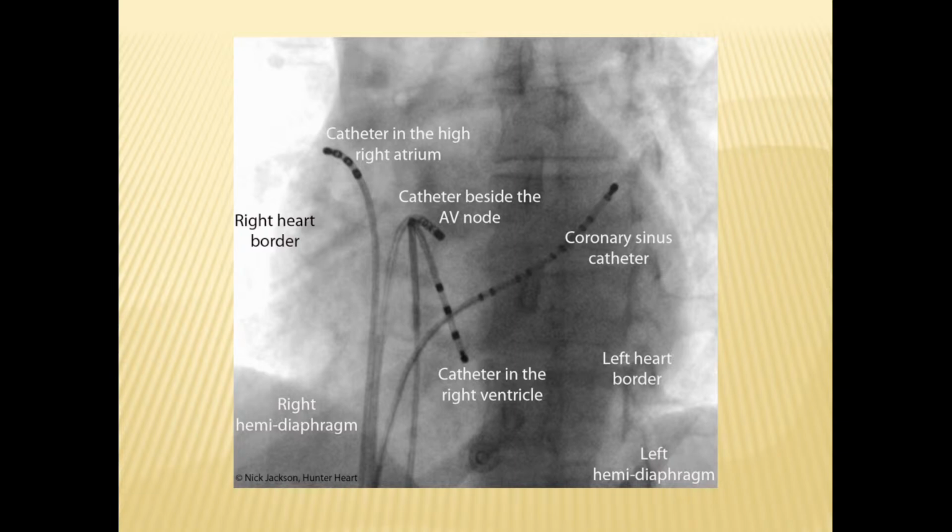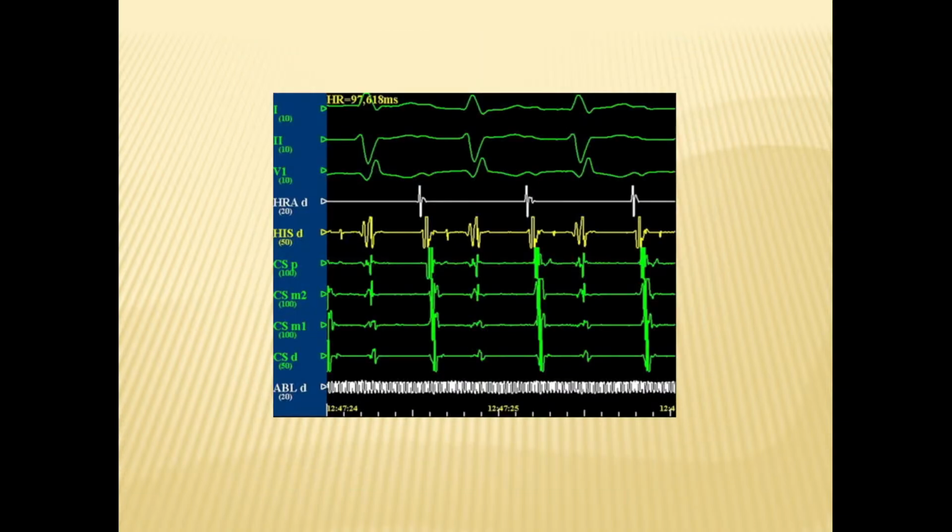Under X-ray control, there is a catheter in the right atrium, a catheter beside the AV node, a catheter in the right ventricle, and a coronary sinus catheter. All of them may detect ECG. And how does the ECG look like? The upper 3 lines are surface ECG: first, second leads, and V1 lead.